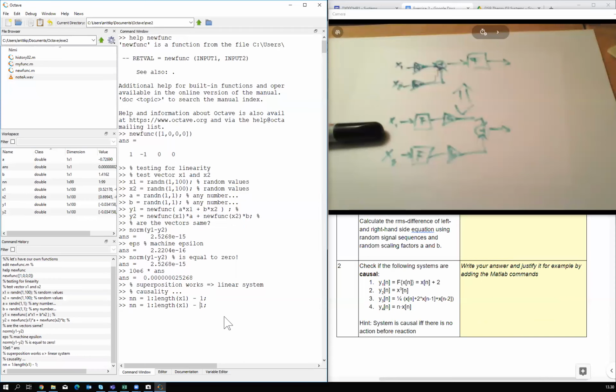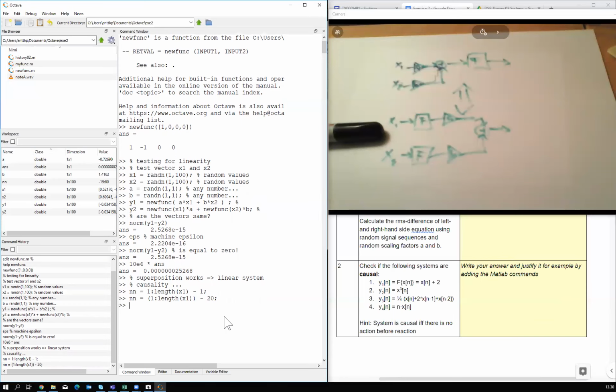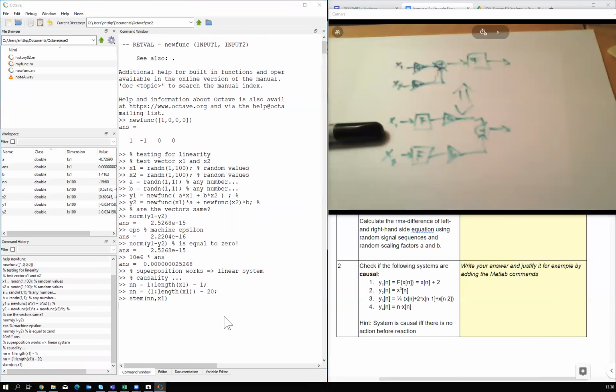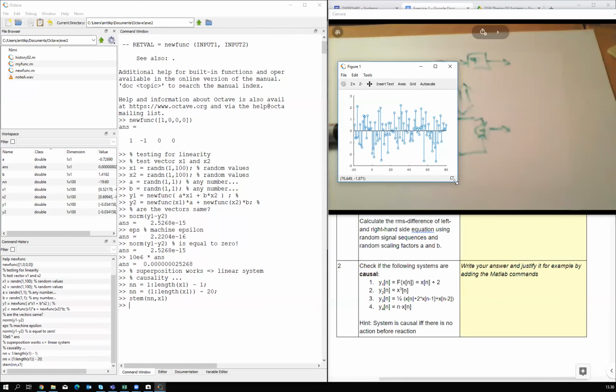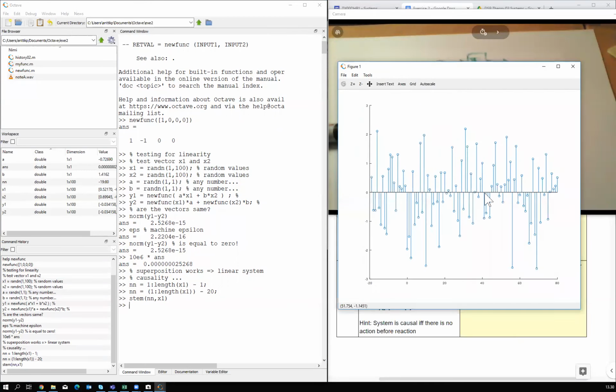I wanted to do it not 1 like that, but I want to actually have it minus 20. So now I have an index. I can, for example, stem plot my x1 test vector first. And now I can actually make it start at some point. I will start it at index 0.